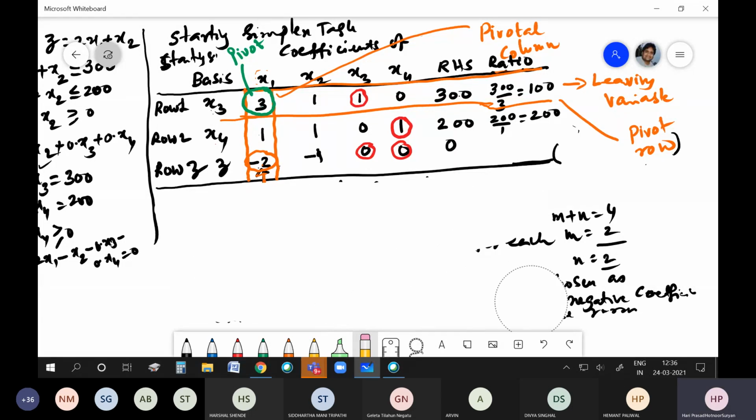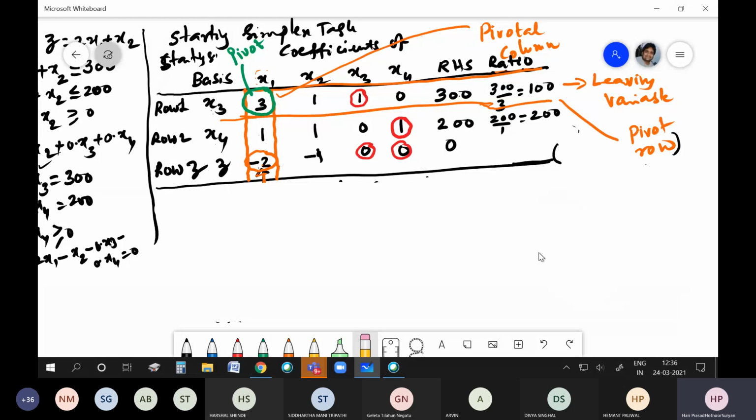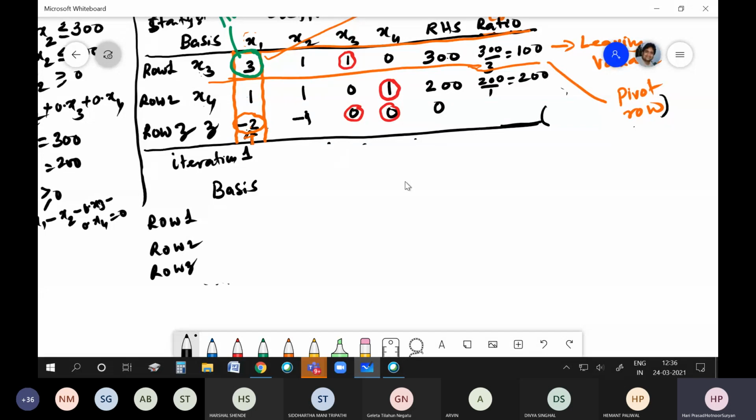I will write iteration 1. Again we have to write basis, row 1, row 2 and row Z. What should I write here for row 1, X3 or X1?